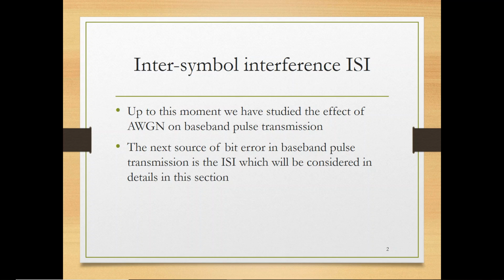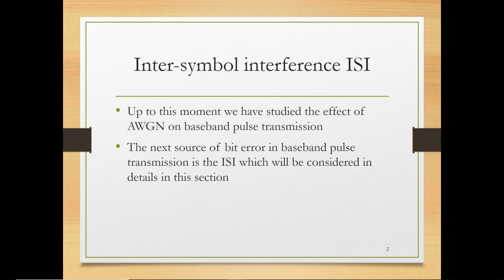So in the previous lecture we studied additive white Gaussian noise and how it is related to the bit error rate performance of your system, and why we need to use the matched filter in order to increase the signal to noise ratio. Here is another type of detriment caused by the channel filter or the transmitter filter.